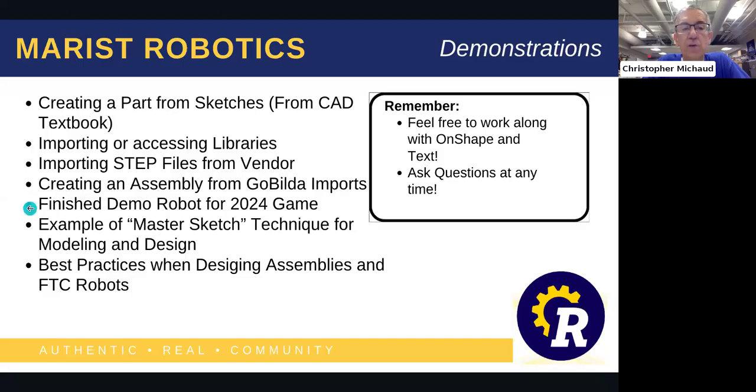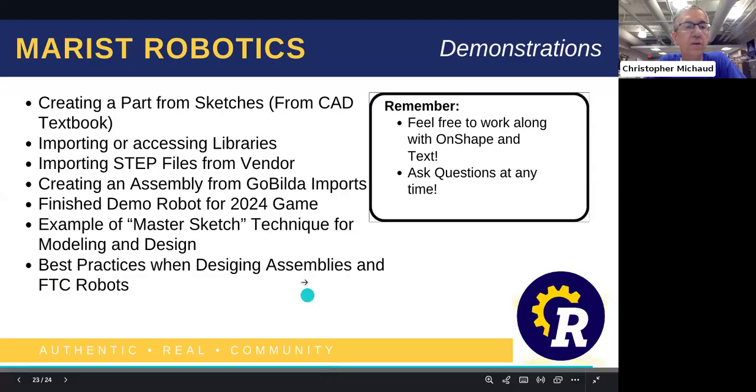I want to show you a finished demo robot, what it looks like when it's all together, from the 2024 game. And then show an example of a master sketch technique for modeling and design. And wrap up with some best practices when designing assemblies and First Tech Challenge robots. So that's going to be our demonstration. And again, while I'm talking and working through, please feel free to raise your hand or click in the chat so that the moderator can bring you on here.